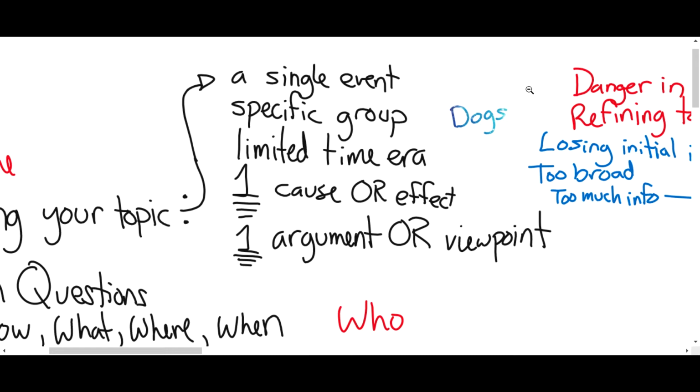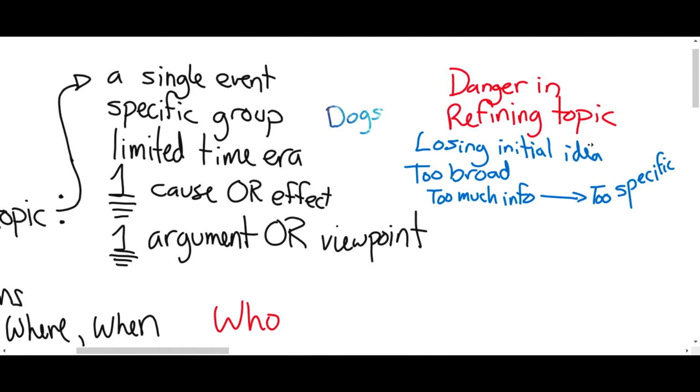So please, I'm trying not to make light of the situation, but I want to say if your topic was violence, that's way too broad. So maybe focusing on a single event like one of those recent violent events that happened, or looking at a specific group. It's a little bit dark, but looking at mass shooters, that would be a way of refining or narrowing your topic. But there is a danger in refining your topic.